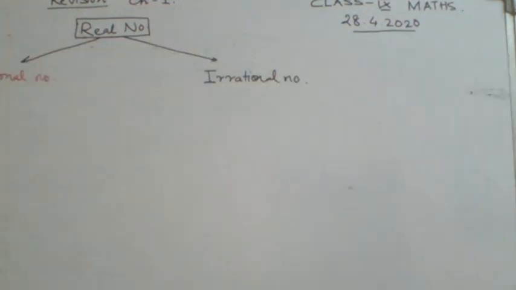Now what are rational numbers? What are the properties of rational numbers?